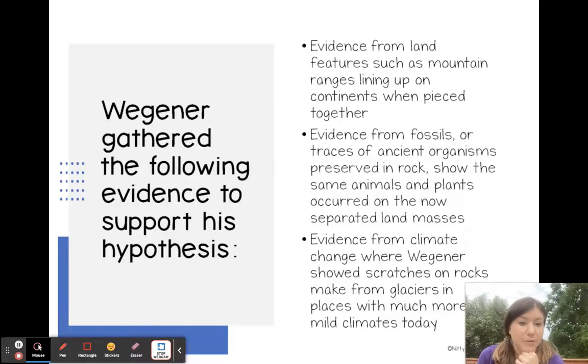He also found evidence from climate changes that showed that glaciers existed in places that are much too warm for glaciers to exist today, meaning that those land masses must have moved in order to have had glacial activity. So those were the main pieces of evidence that Wegener had to support his theory of continental drift.